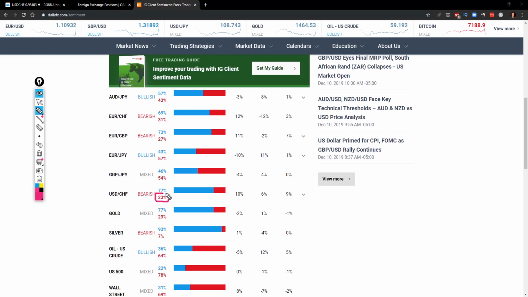That's essentially when it's probably a good time to start taking profits and then looking to catch the opposite side of the trade. Once retail starts shifting from majorly long to neutral or to the majority being short, that's when it's a good time to start looking to take profits and potentially switch sides.